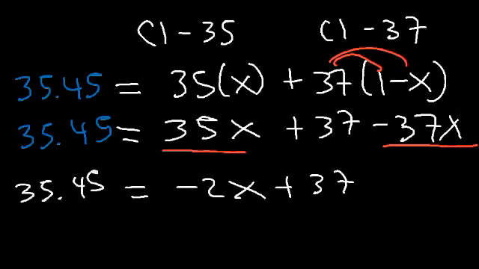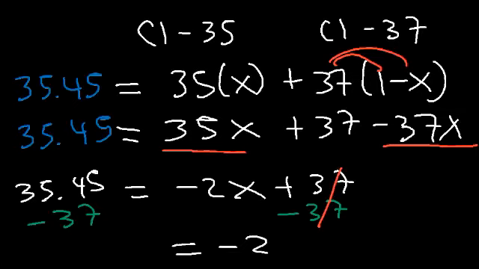So what should we do next at this point? We need to get x by itself, so we've got to move the 37 to the other side. So let's subtract both sides by 37. So these two will cancel. On the right side, we have negative 2x. On the left side, 35.45 minus 37 is negative 1.55.